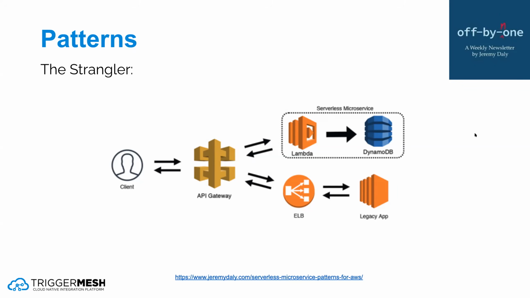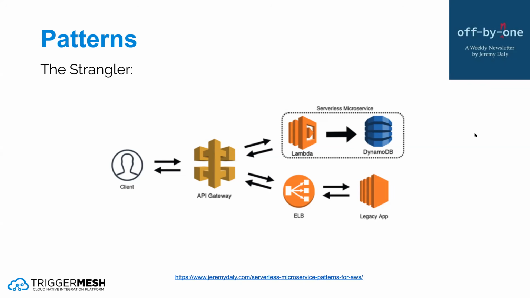So what do you have? You have a legacy application, bottom right, fronted by an elastic load balancer. But if you need to add an additional feature to your application, instead of buying an add-on or having to code some old style monolith application, you can just add an API gateway and go straight to Lambda and leverage DynamoDB.